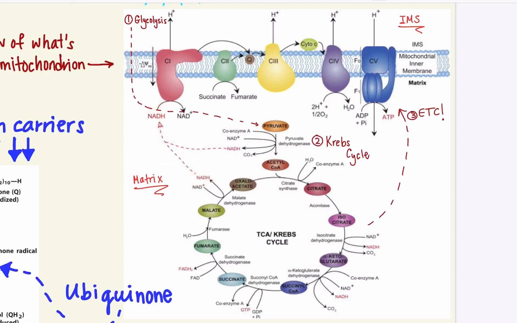And why do they do that? Because there are these complex proteins embedded in the membrane that work together and work sequentially at the end to produce water and ATP. So that's the big picture.